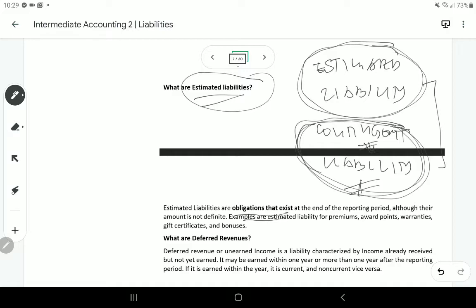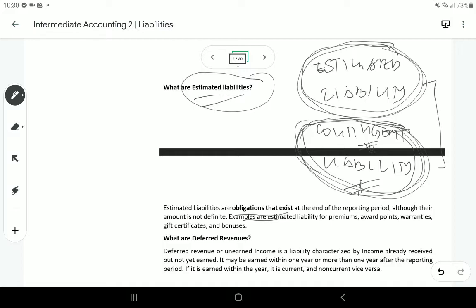Okay? So, the question now is, klaro naman siya na an estimated liability should be recorded because again, klaro na mayroon talagang liability. Ang contingent liability, as to sa question kung dapat ba siyang i-report as liability or not, depends on the probability of the event.